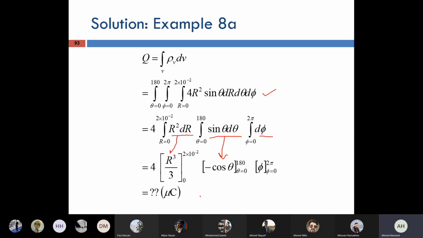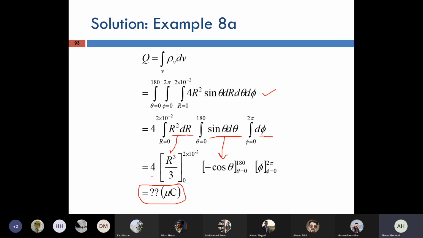What is this equal to? Let me know what the value of Q is.